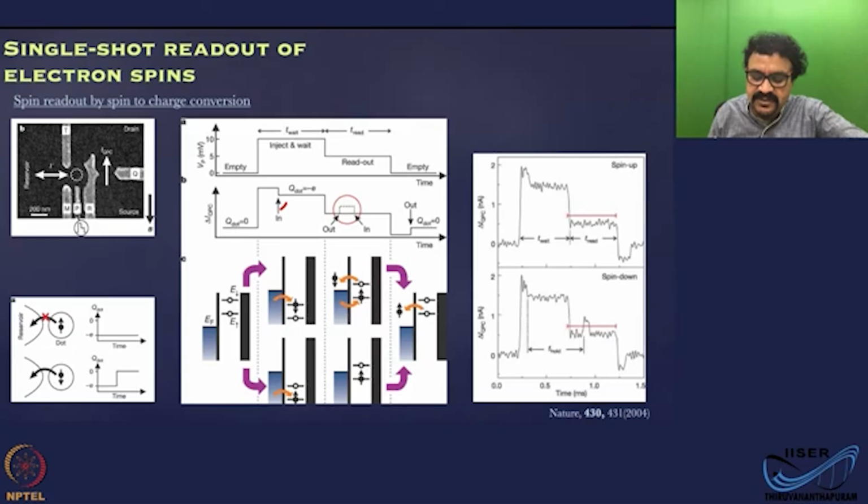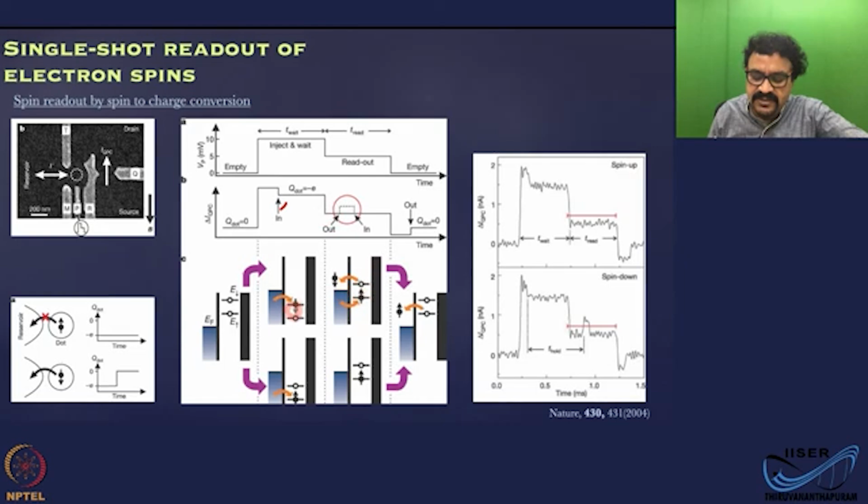Now what you do is you wait some time so that you give enough time to get it filled. Now what is next? The next is you drop the voltage halfway through, so that one of the levels is above the Fermi level, the other level is below the Fermi level.